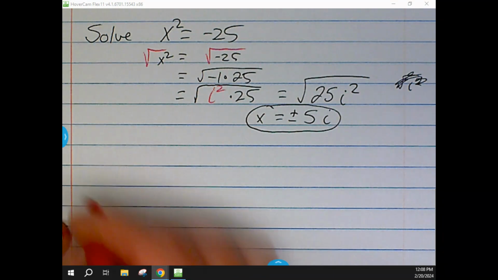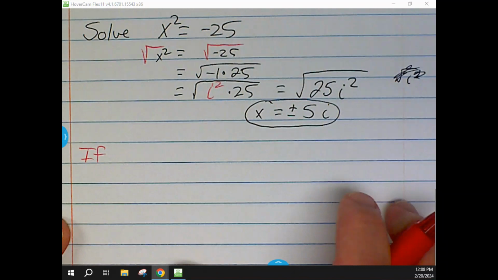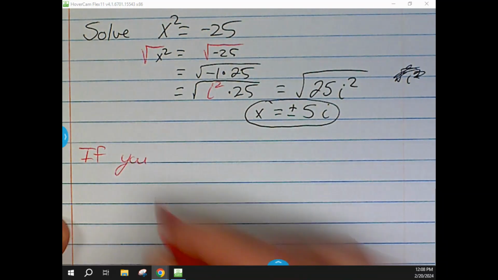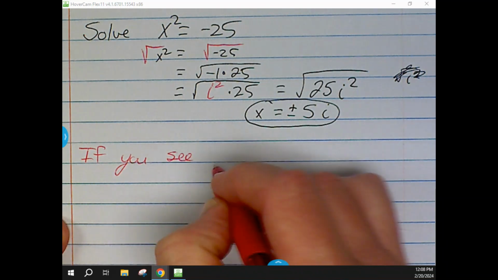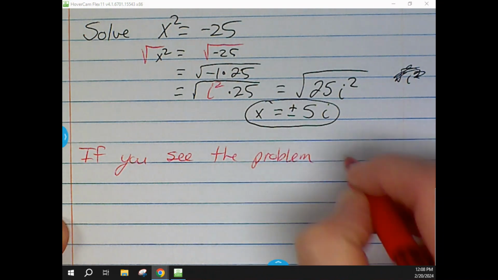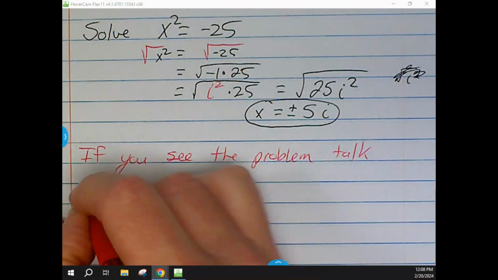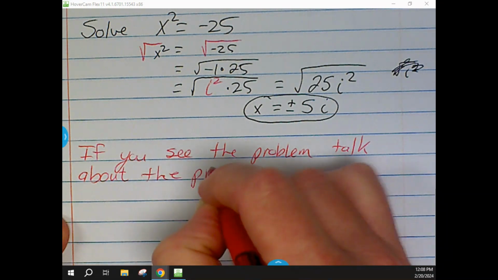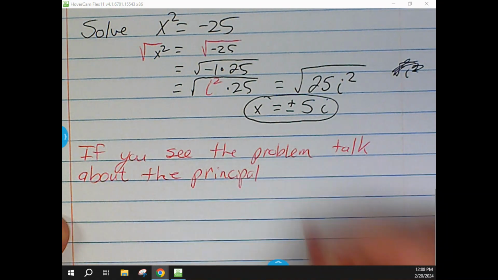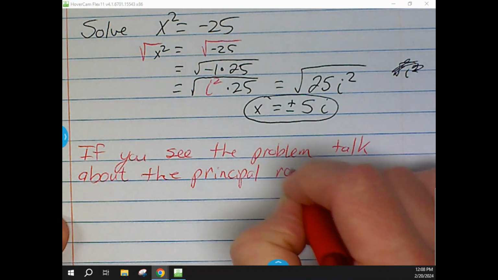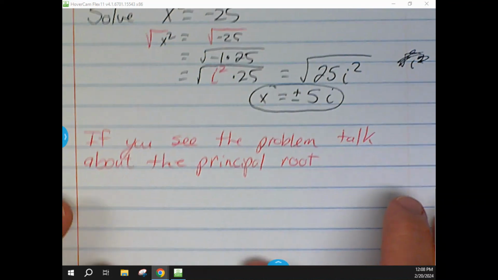Okay, and one other thing, if the homework or the test questions say anything about the principal square root, sometimes it says principal square root, or it may just say the principal root.